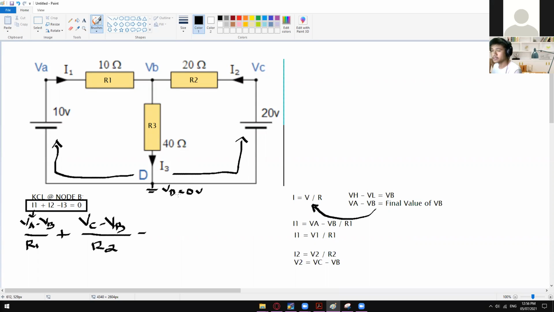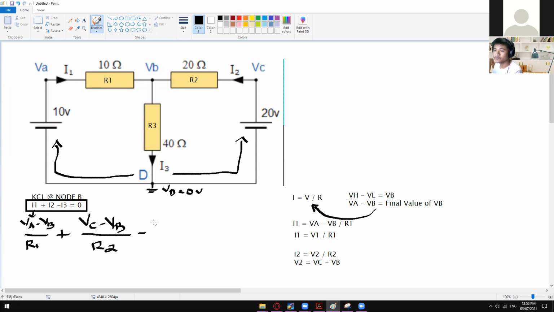In here, the same concept. As we can already see, we have a small voltage right here that is passing through, coming from VE and then VC. But at VD, we have 0. So we can already say that (VB minus VD) divided by R3, using this rule right here.